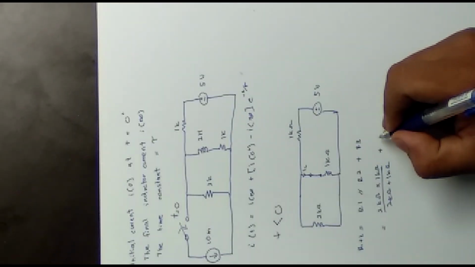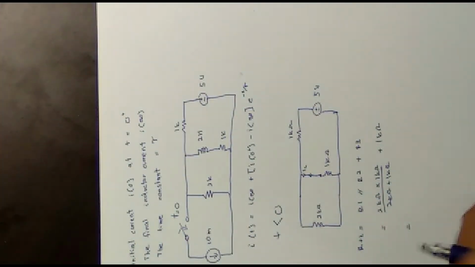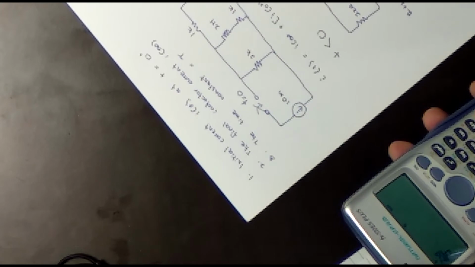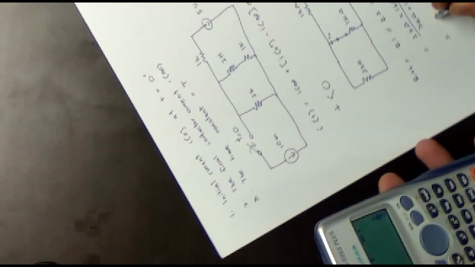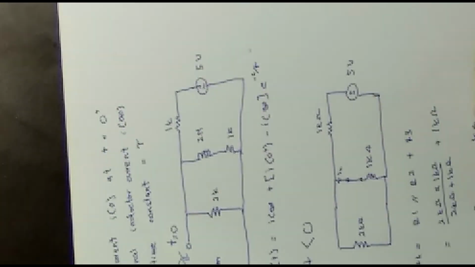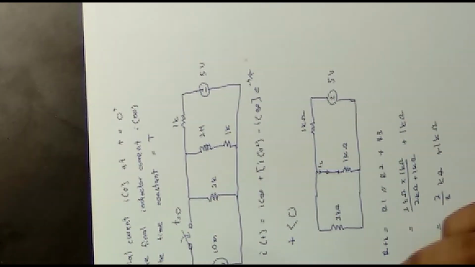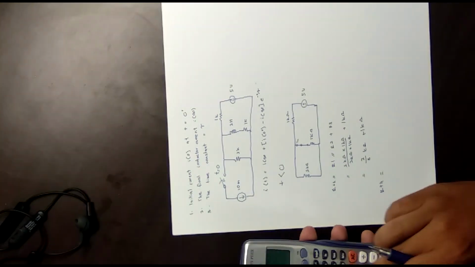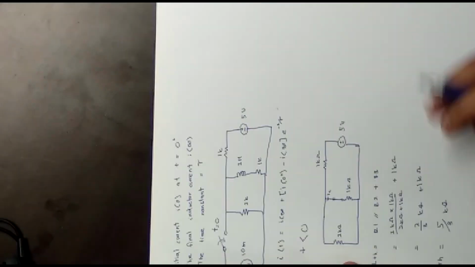R3 we get 1 kilo ohm, and then we calculate this RTH. 2 times 1 over 2 plus 1 is equal to 2 over 3 kilo ohm, plus 1 kilo ohm, and then the RTH is equal to 5 over 3 kilo ohm. This is the R total.